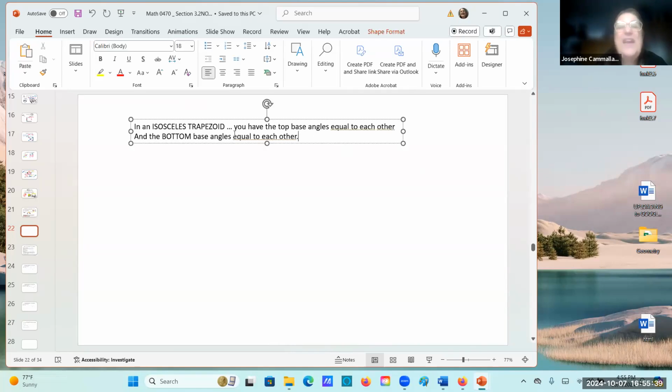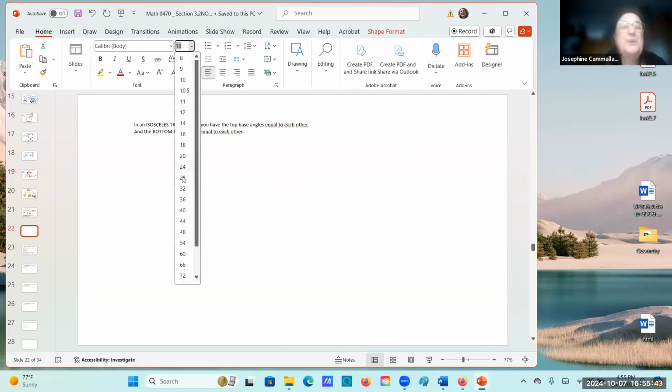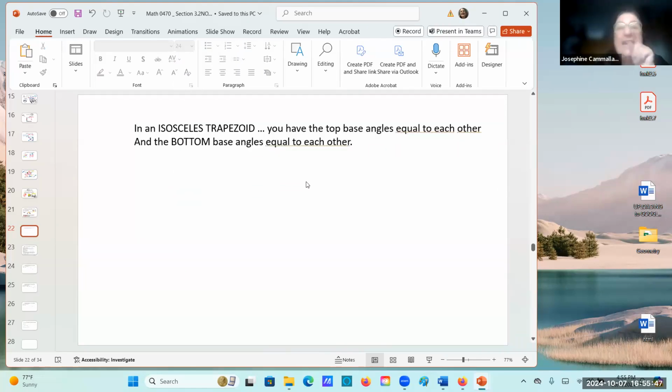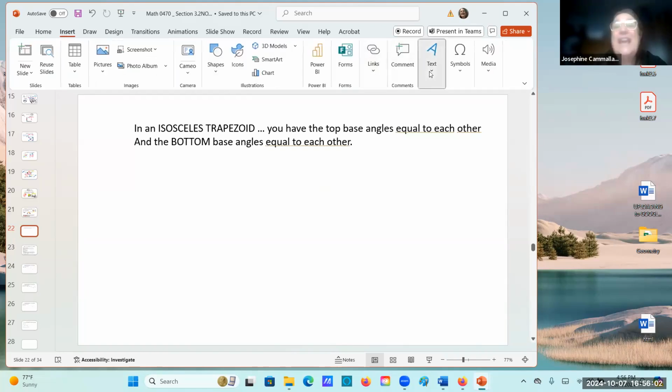That is understood to be for an isosceles trapezoid. The base angles are equal to each other, not opposite angles, base angles. But there's one other little catch.